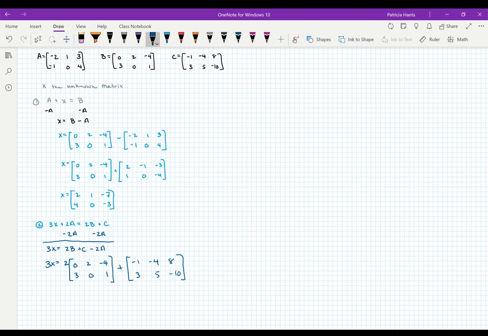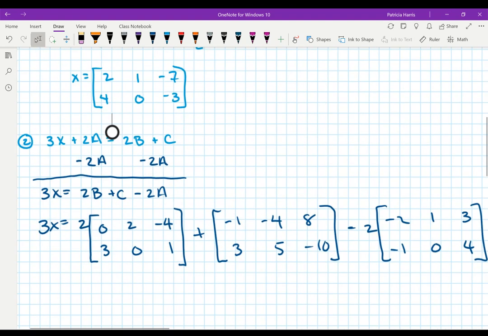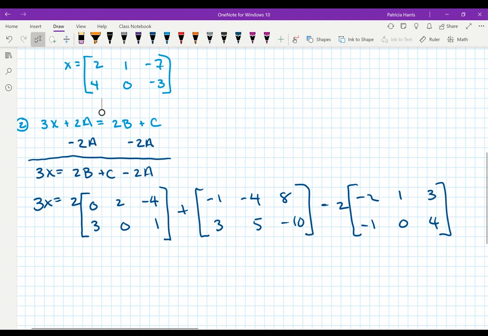Okay, and then minus 2a. Now, these are not difficult. However, they can get a little bit tedious, okay, because there's a lot of numbers for you to deal with.